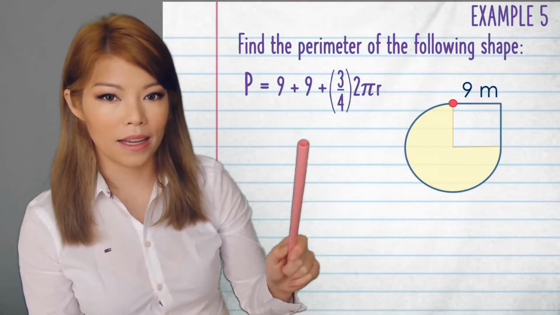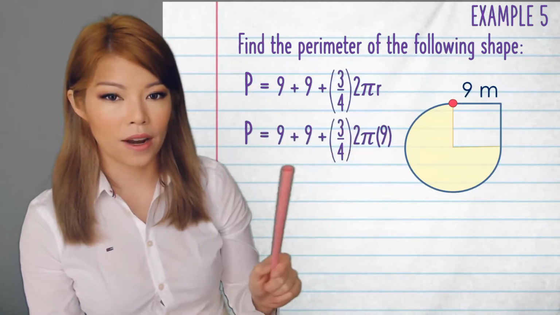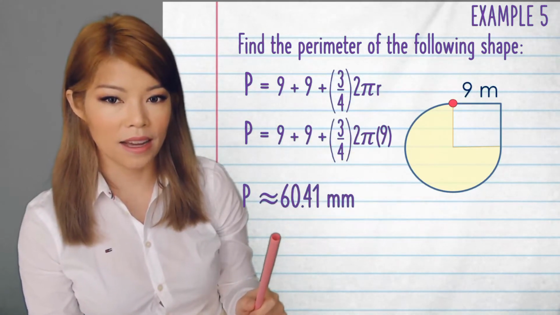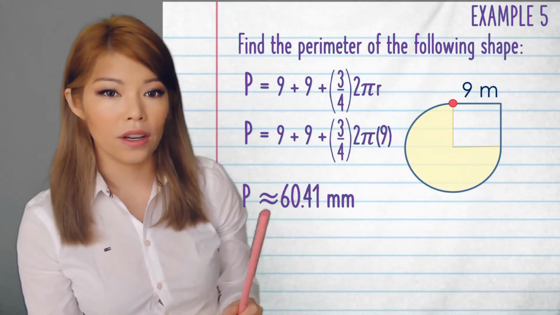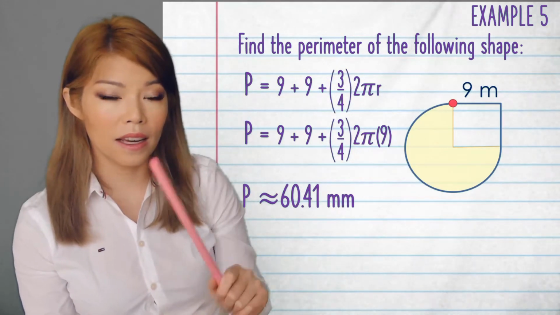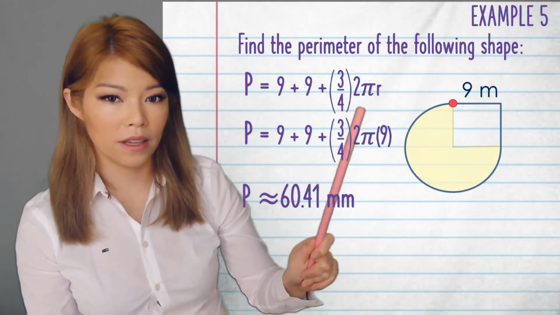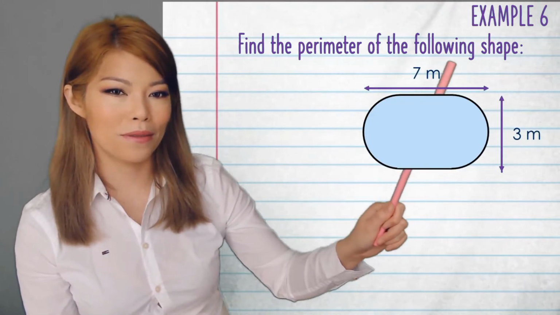Now plugging in the 9 for the radius, we have that equation. You can put that into the calculator and you'll get 60.41 millimeters. Notice that in this example, I've added all the information in one line and used P. In the previous parts, I've done C first. You can do either.